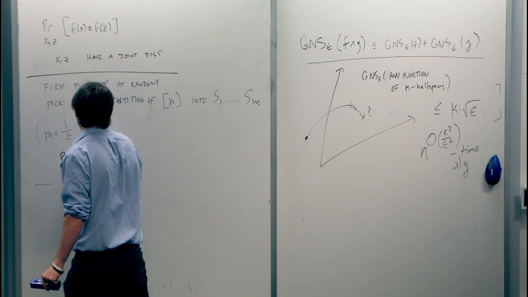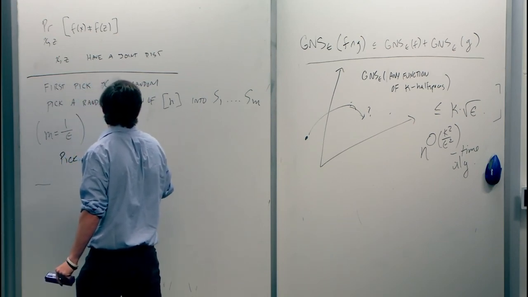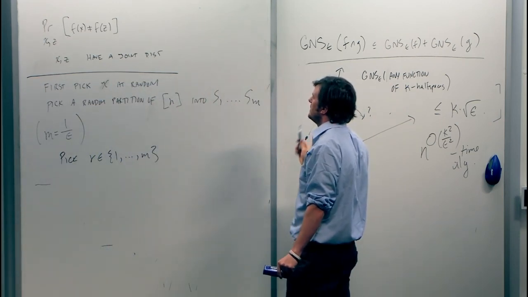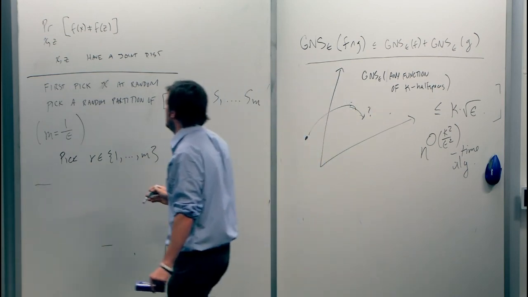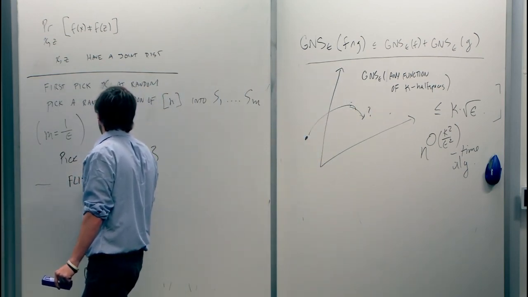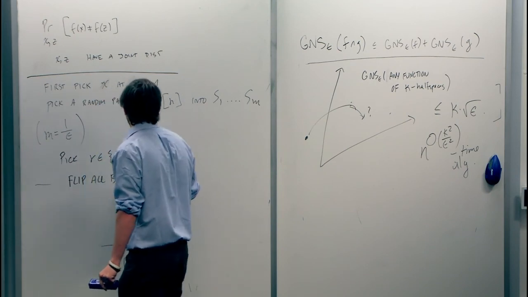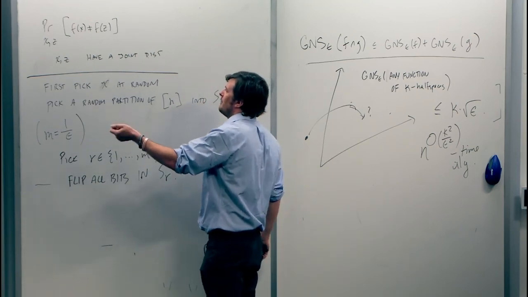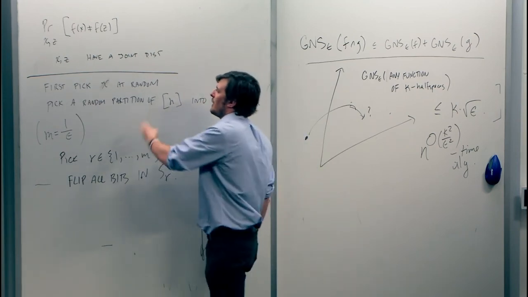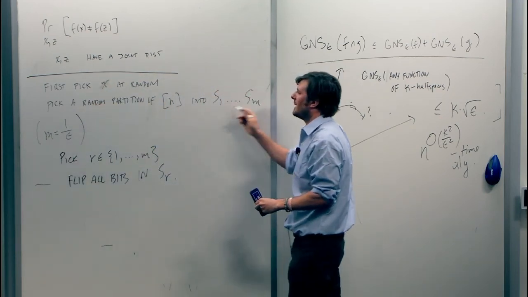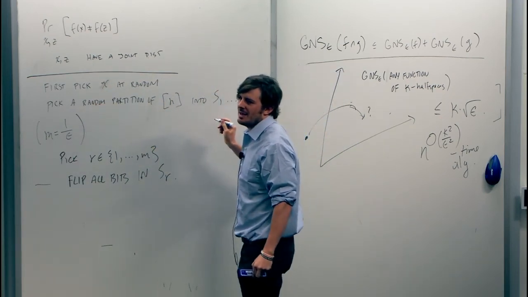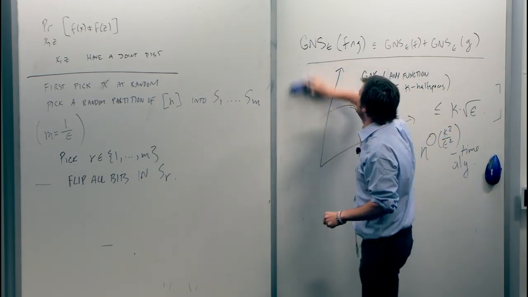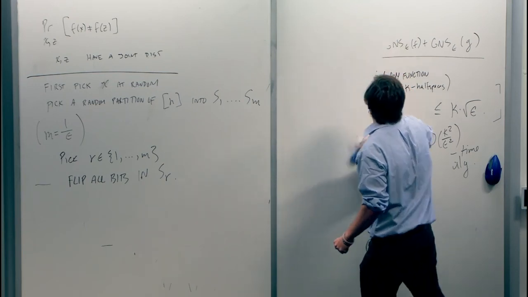Then pick R, so pick one of these sets, S sub R, at random, and flip all the bits in S sub R. So all I'm saying is, instead of independently flipping each bit with probability epsilon, randomly partition the bits of x into these buckets, then pick a random bucket, and then flip all the bits in that random bucket. You're going to get the same distribution.